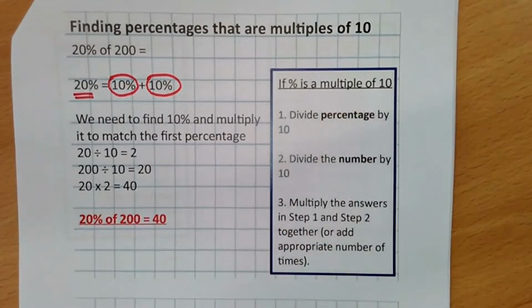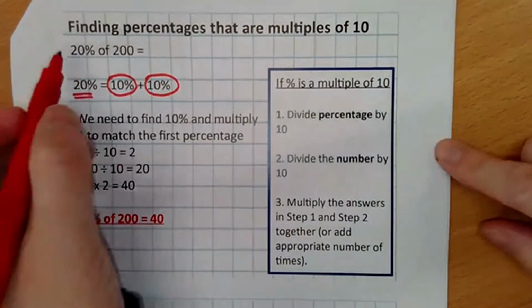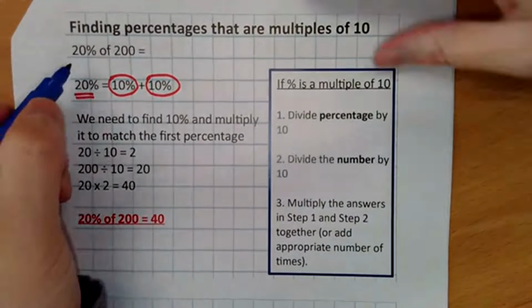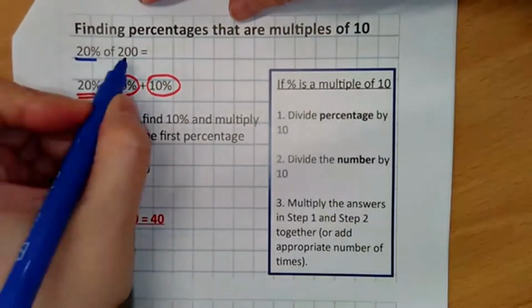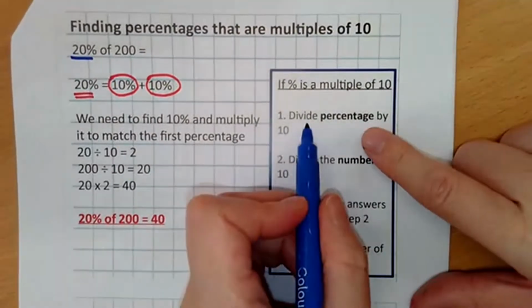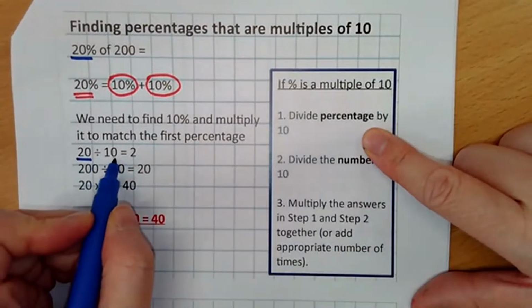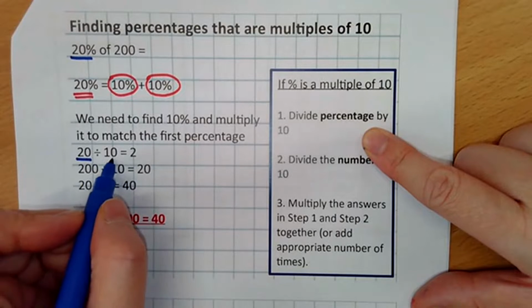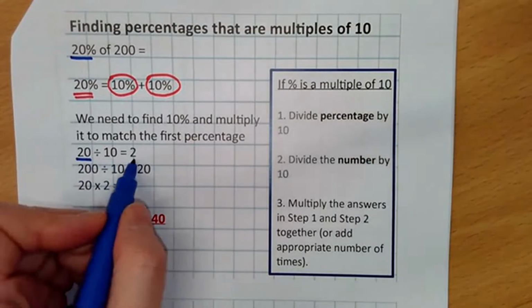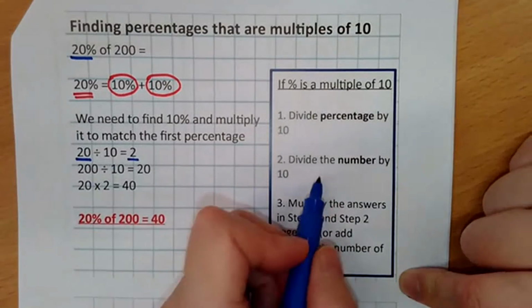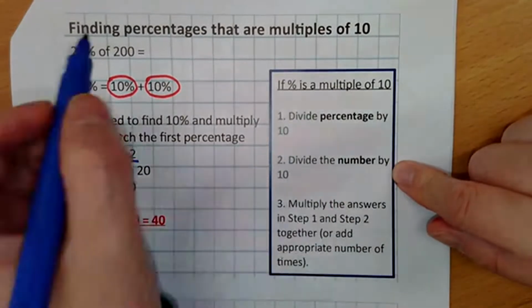Okay. So here I need to find 20% of 200. So my first step is to divide the percentage by 10. 20 divided by 10. Now, I can use my 10 times tables, 10, 20, which equals 2. Nice and simple. Now, divide the number by 10.